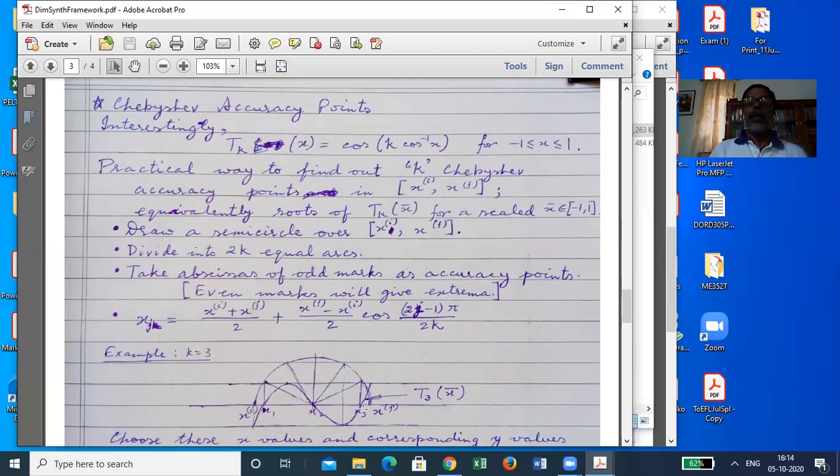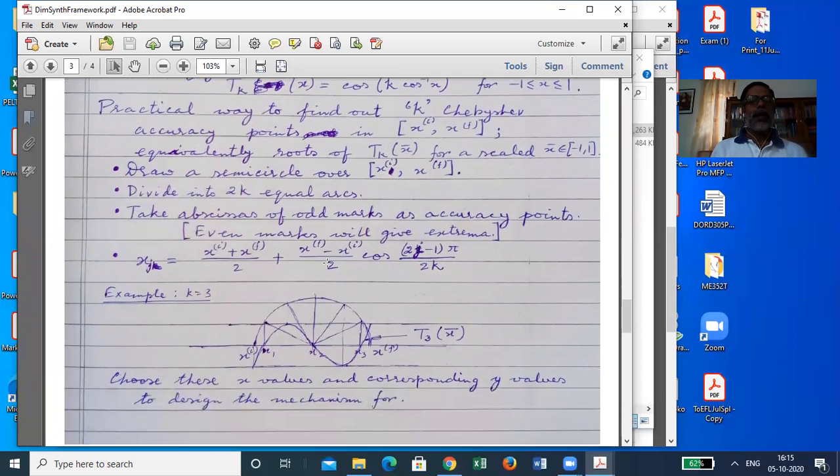Actually, this does the rescaling job. And then divide this semicircle into 2k equal arcs. So here I have shown you the example of k equal to 3. So 2k will be 6, so 6 parts, each of 30 degrees.